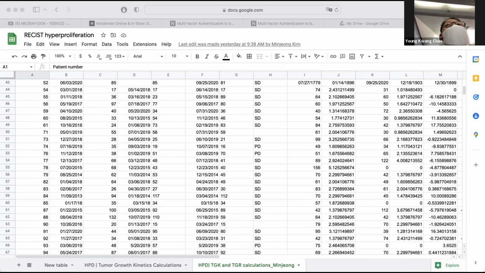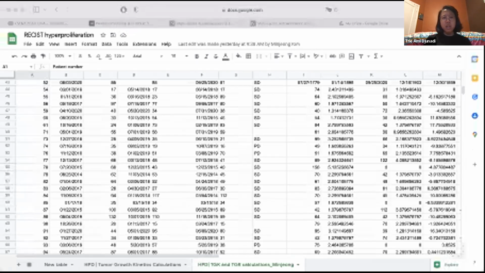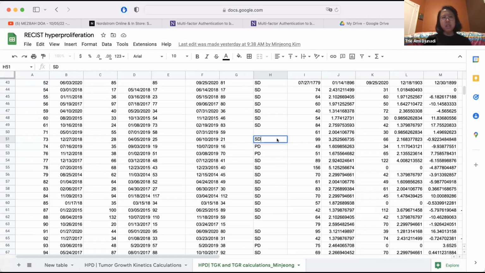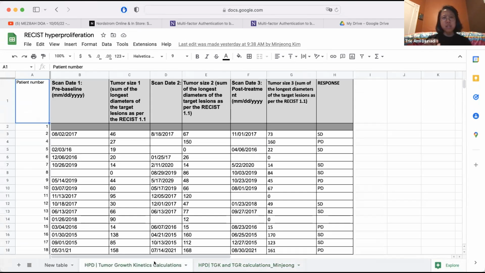And were you able to get volume numbers? The volume numbers, we already counted, but we can count the sum of the longest diameter as the RECIST criteria; the volumetric one, we cannot get.